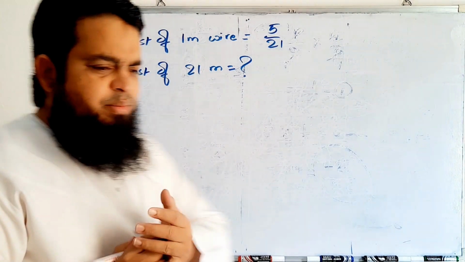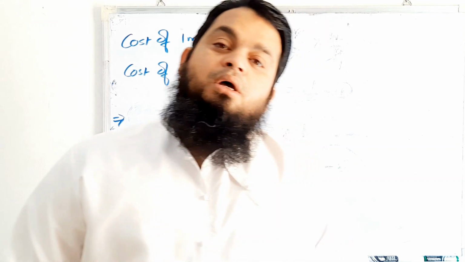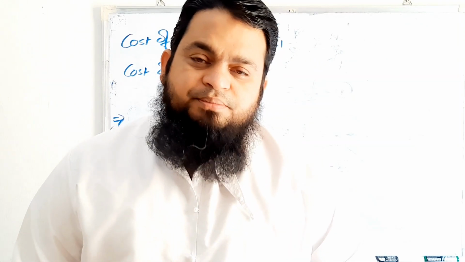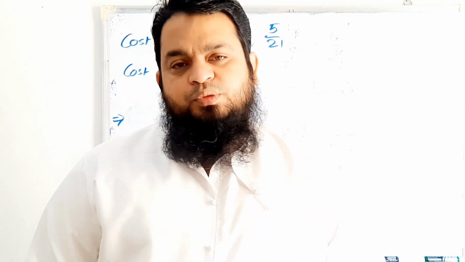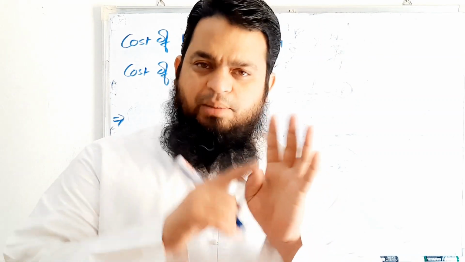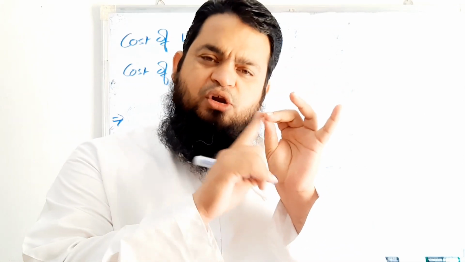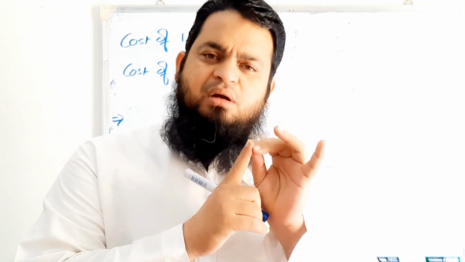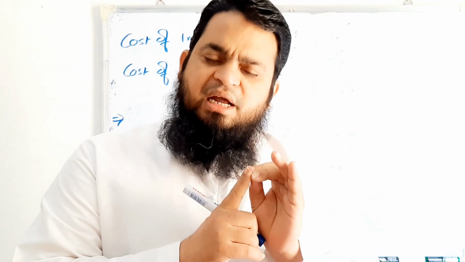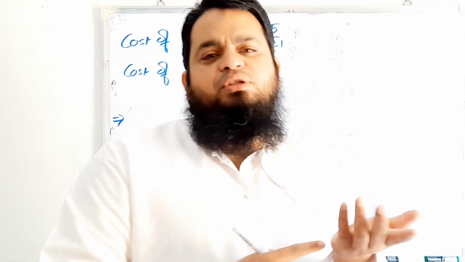Before going to the problem, I'll just explain this with simple words. 1 pen equals 5 dirhams. What is the cost of 3 pens? What you do? 5 plus 5 plus 5, 15. So you are continuously repeating with the same number. So repeating addition is nothing but multiplication. So we multiply 3 times 5 equals 15.